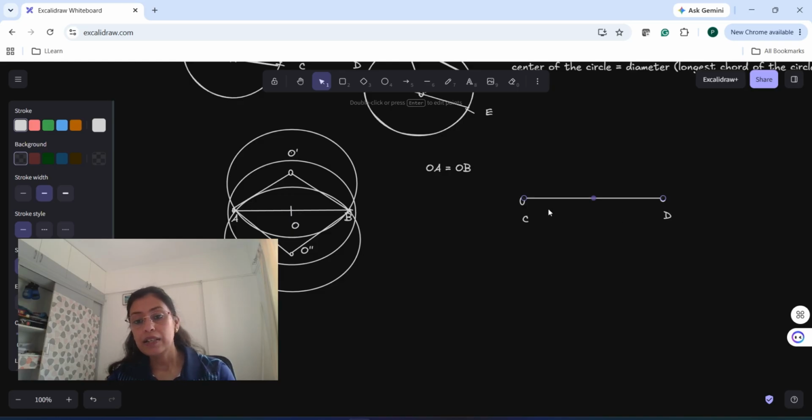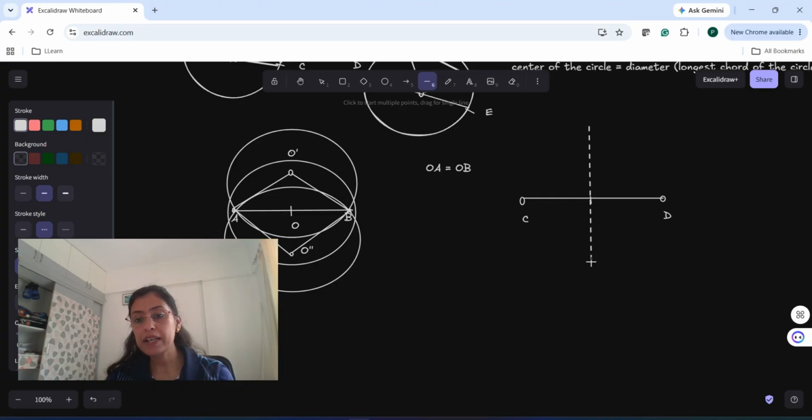Similarly, I used these 2 points given to me, C and D. I joined them and found the middle point. Now from this middle point, what I'll need to do is draw a perpendicular bisector.